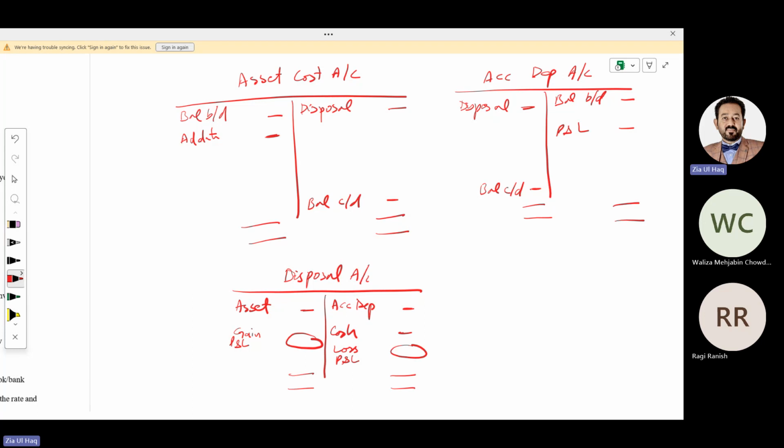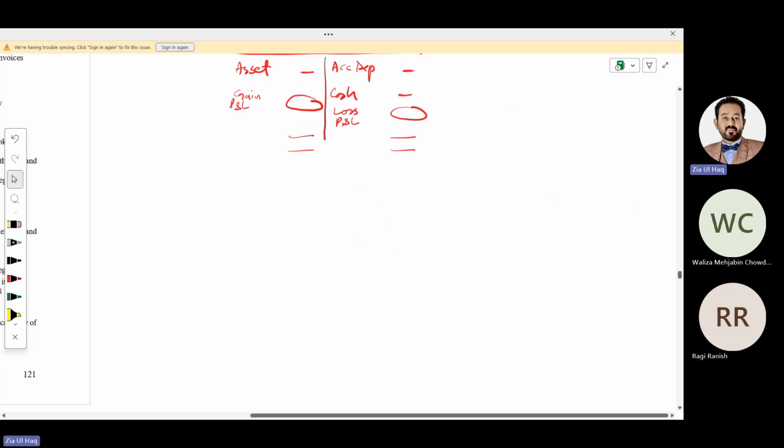Okay. Suppose we are going to conduct an audit of any client company and we need to verify non-current assets. When we verify non-current assets, we need to verify 4 things.